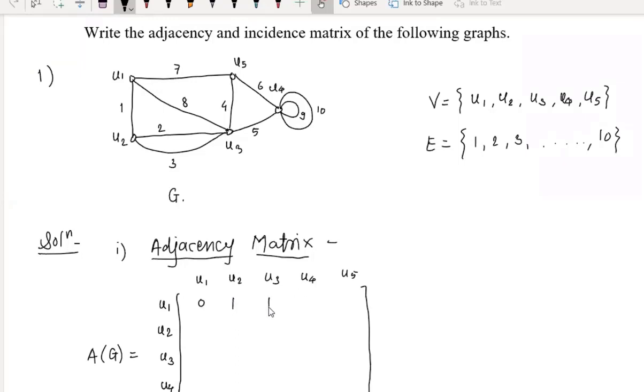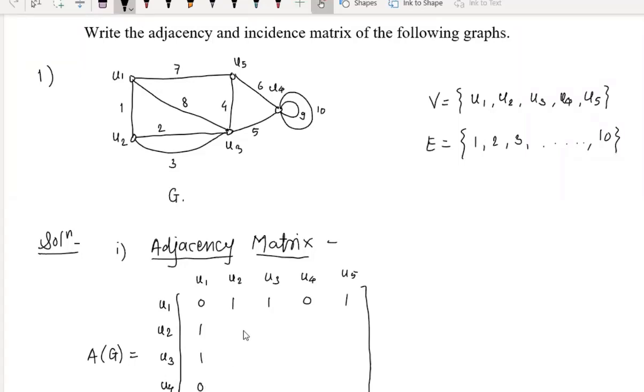U1 to U4, no edges, so 0. And U1 to U5, one edge is there, 1. Always remember, in the adjacency matrix only, the corresponding row and column are always identical. मतलब first row और first column हमेशा क्या होते हैं? Same होते हैं. So I'll just copy the first row as it is in the first column.